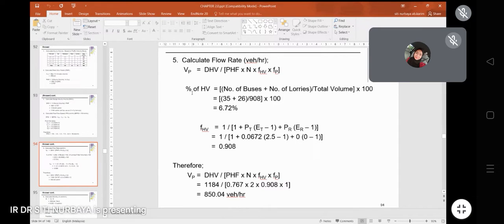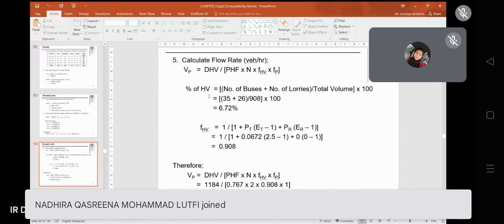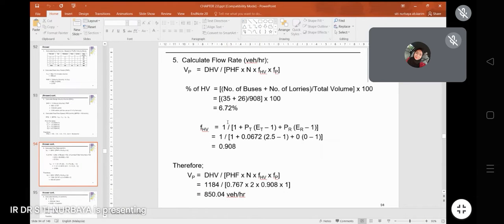First you have to calculate the percentage of heavy vehicle, and immediately after that, you can calculate the adjustment factor for the heavy vehicle.